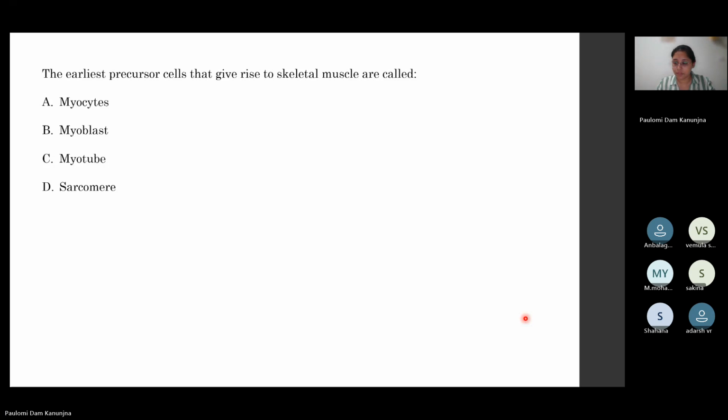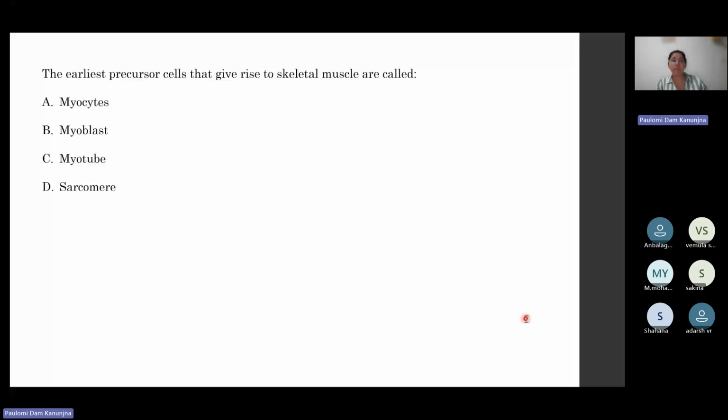Okay, so people have said A, B, A, B. Okay, let me show you the answer first.